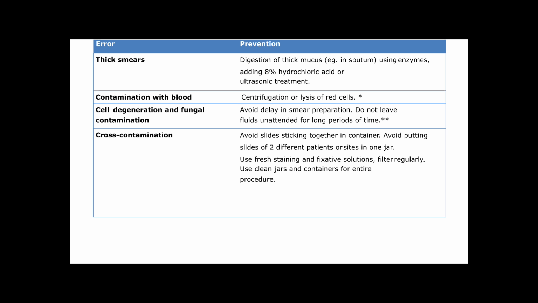This separation can be enhanced by using flotation material. We call it Histoflap, right? This material has a density in between that of the red cells and the other diagnostic cells in the fluid.